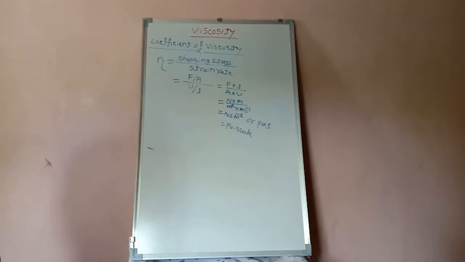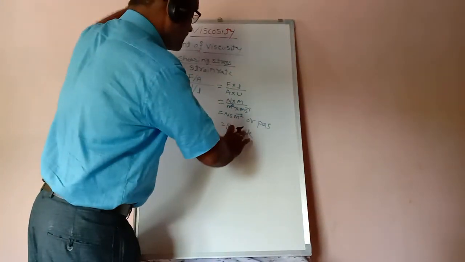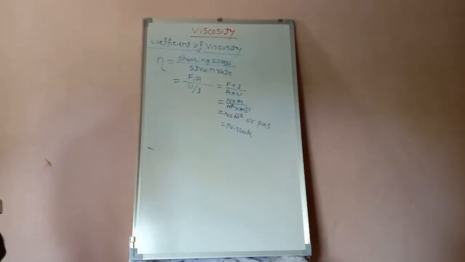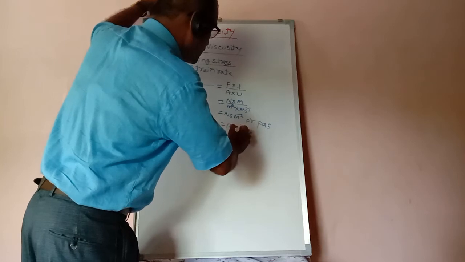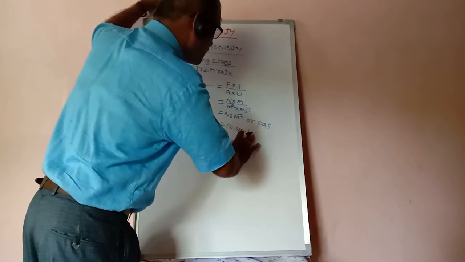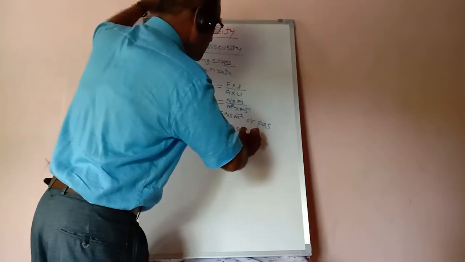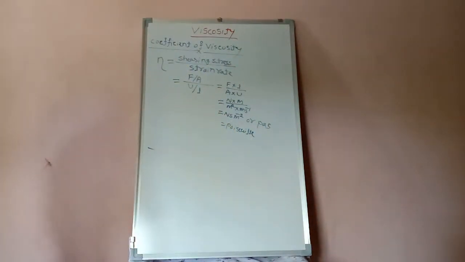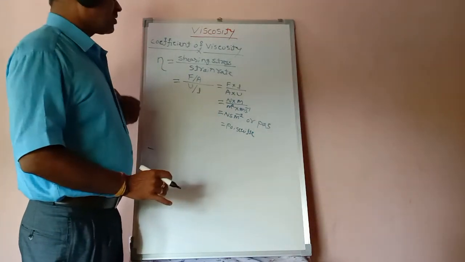Poise is another unit of the coefficient of viscosity.